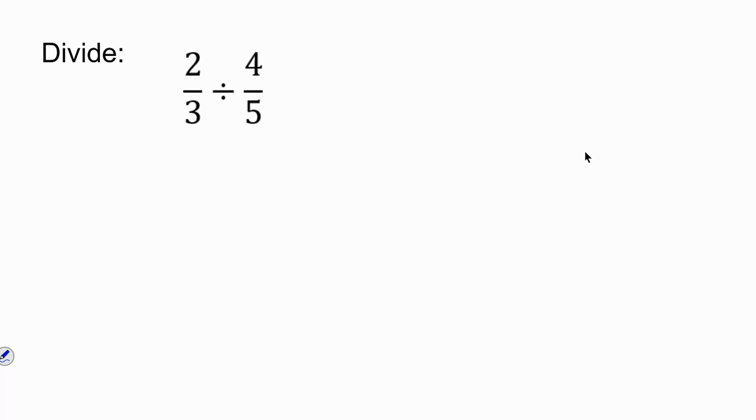Before I get to an example with a rational function, let's review with just plain fractions. With plain fractions, to divide, you multiply by the reciprocal, meaning the flipped version of the second fraction. So I'm going to multiply by 5/4. And then we proceed with the operations as normal, multiply across.